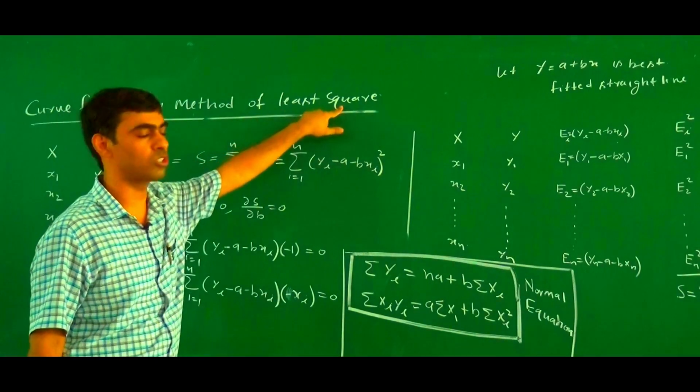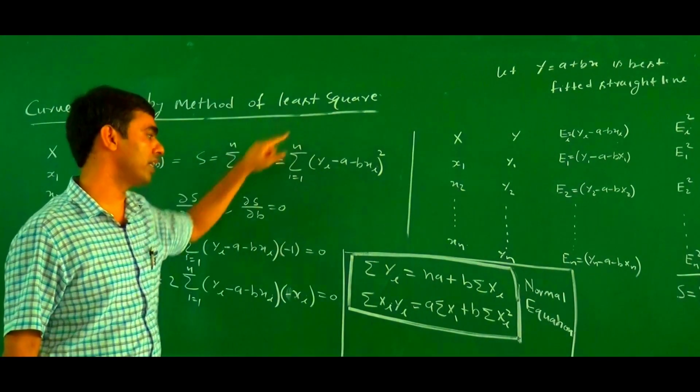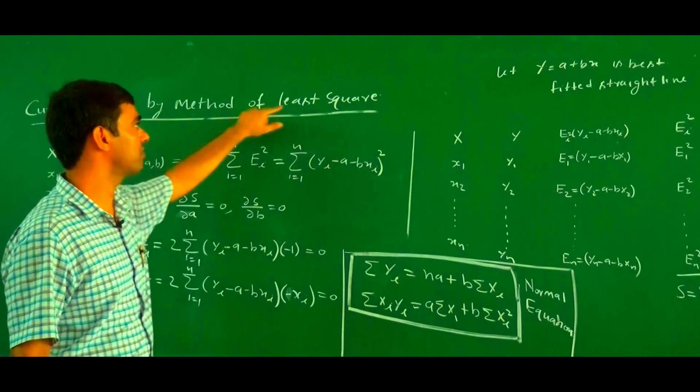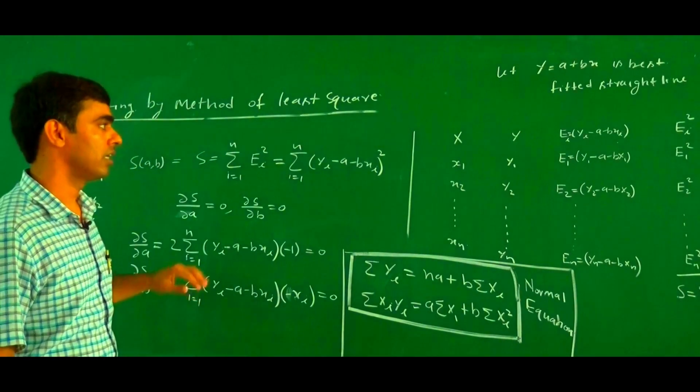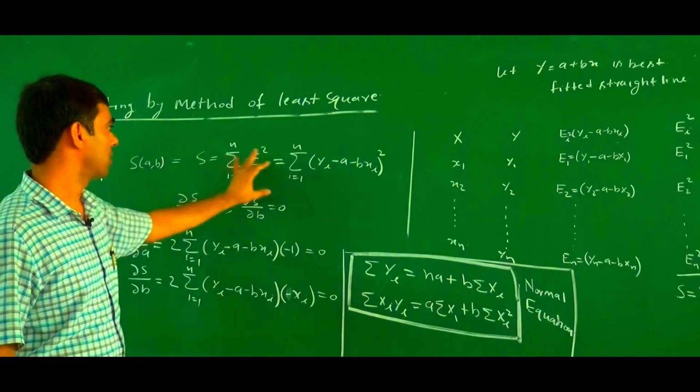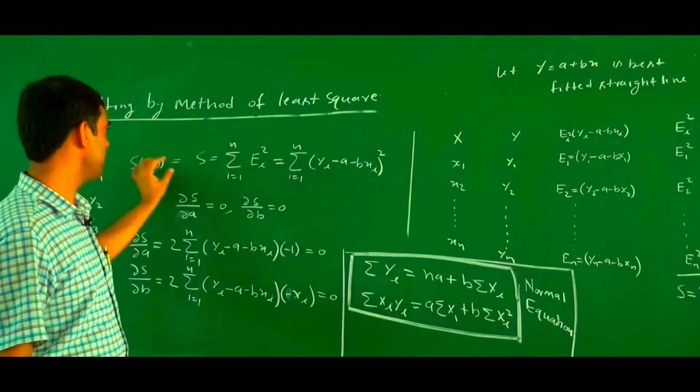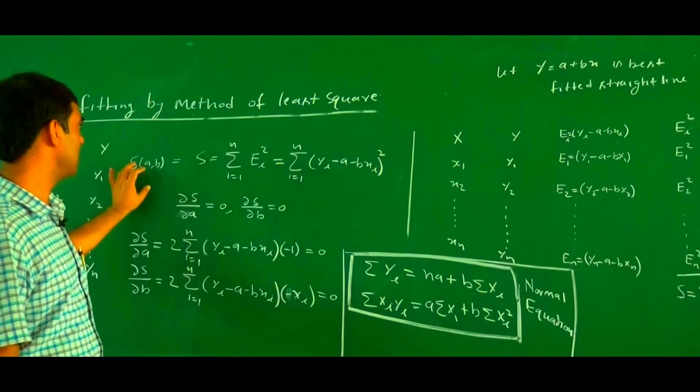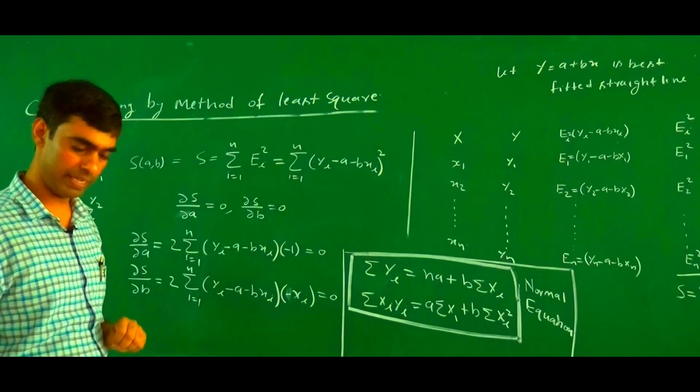We find the least value of the sum of the squares of the error, and due to this reason it is called the method of least squares.